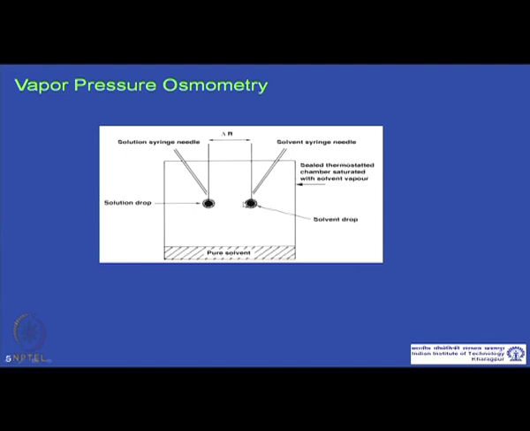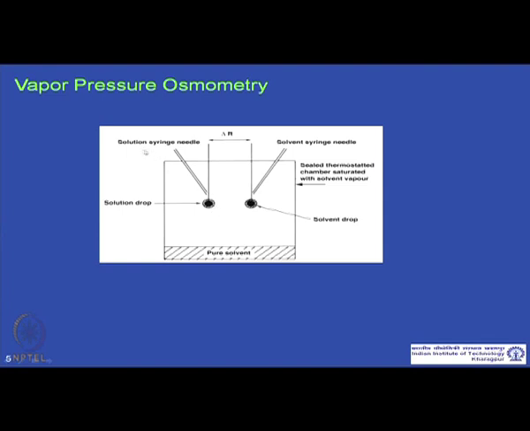They are placed in a sealed thermostated chamber which is saturated with the solvent vapor. Now, in these conditions, with a syringe, one solvent drop is placed on one thermistor, and on the other thermistor a polymer solution drop is placed.